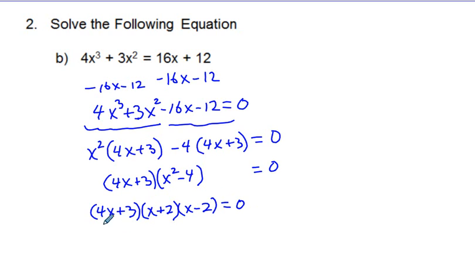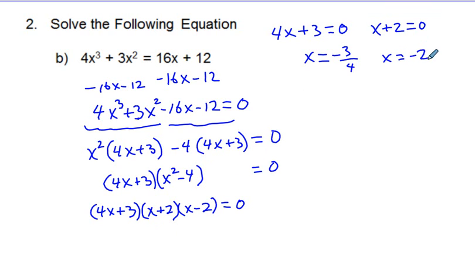And so if we work this out, we have 4x plus 3 is equal to 0, so if we subtract 3 and divide by 4, x is equal to negative 3/4. Also, x plus 2 is equal to 0 gives x is equal to negative 2. And lastly, x minus 2 is equal to 0 gives x is equal to 2. So these would be our solutions.